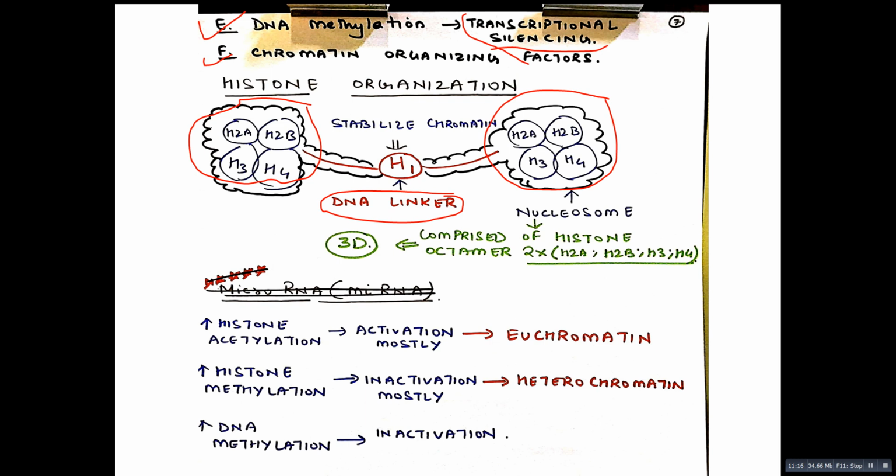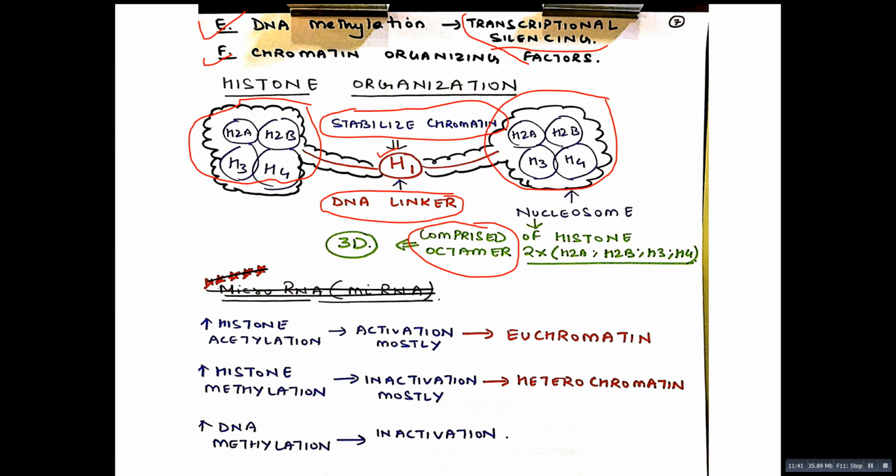The DNA linker is formed by histone H1, whose main function is to stabilize the chromatin, whereas the nucleosomes are comprised of a histone octamer. Why are we saying octamer? Because we have two each of H2A, H2B, H3 and H4.